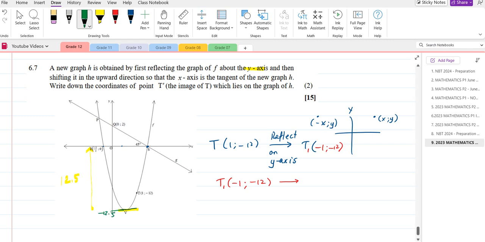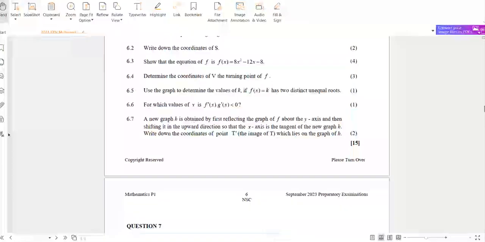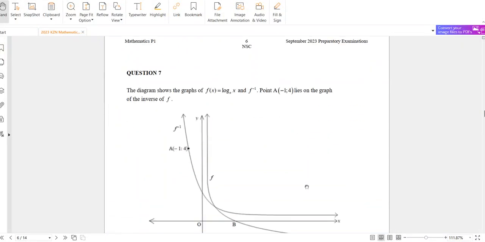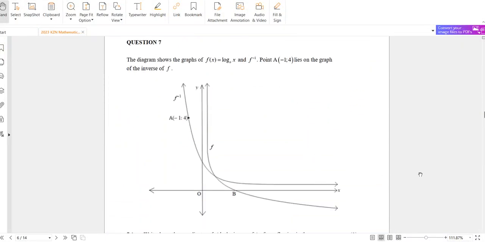So you're going to add 12.5 here, so T1 will now become negative 1 and a half, because you're adding 12.5 to minus 12. I hope you guys understood that, right? So another nice question here on transformation. Moving on to the next question, which is question number 7.